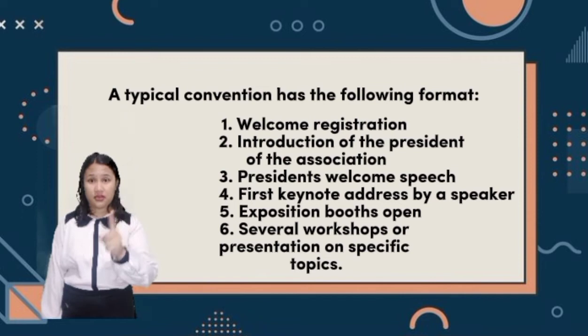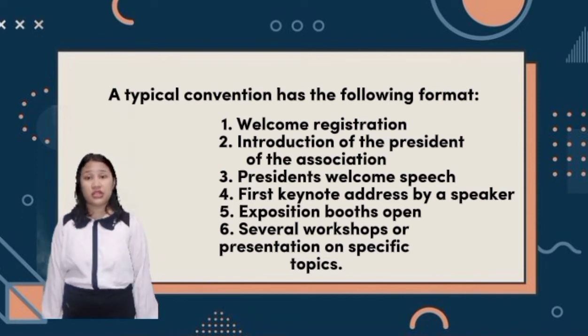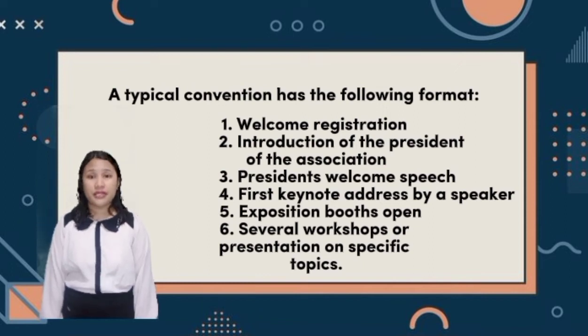Number 1, we have welcome and registration. Number 2, introduction of the president of the association. Number 3, the president's welcome speech. Number 4, the first keynote address by a speaker. Number 5, exposition booths open. Number 6, several workshops or presentations on specific topics.